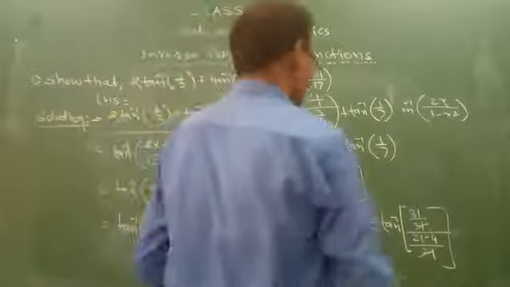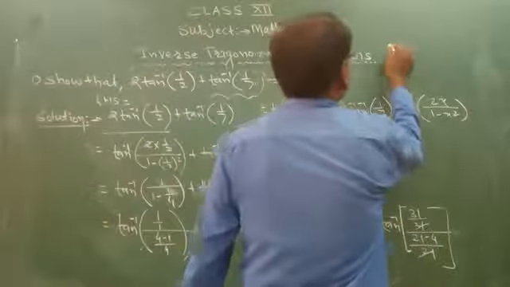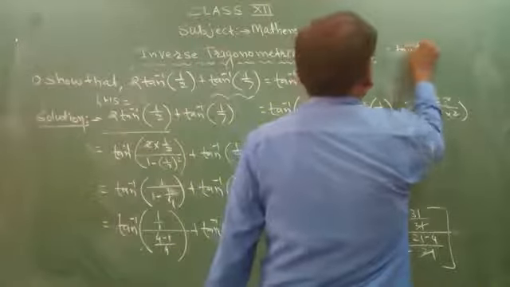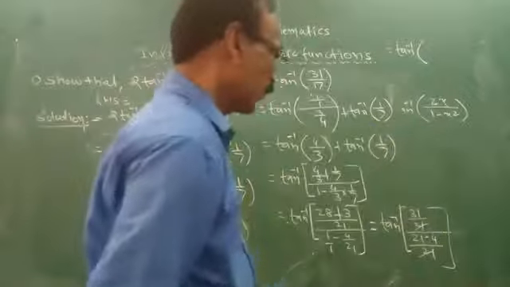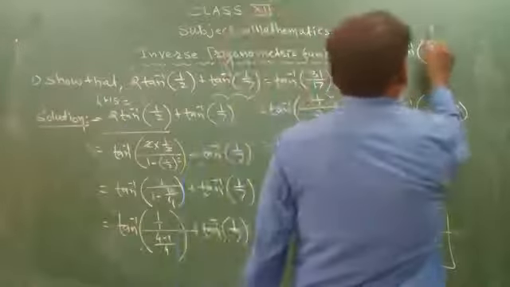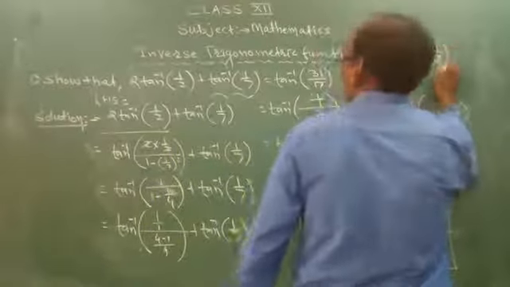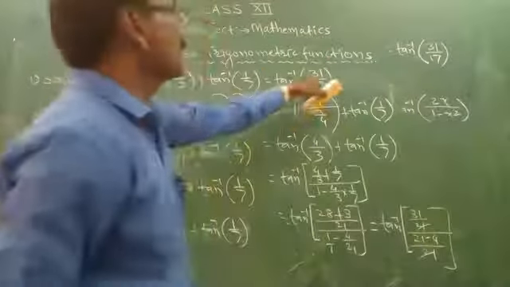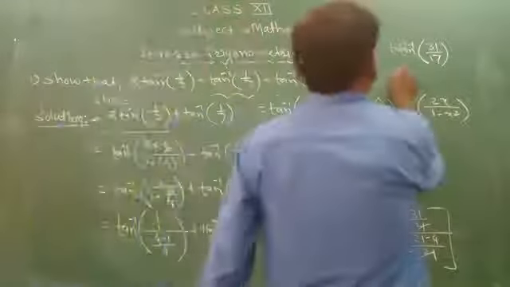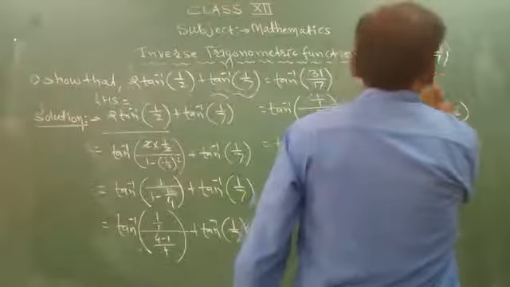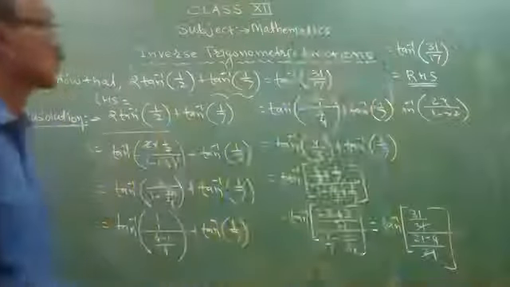So it will be tan inverse of 31 by 21 minus 4, that is 17. So tan inverse 31 by 17, which is the right hand side. Okay, so this way we can show it.